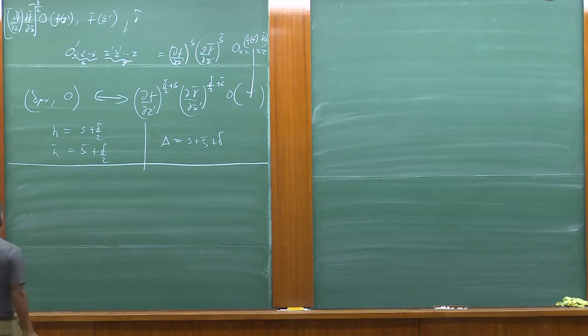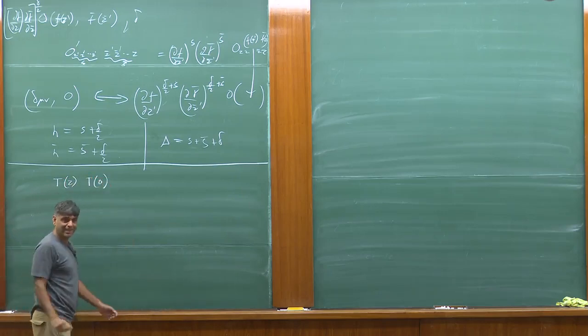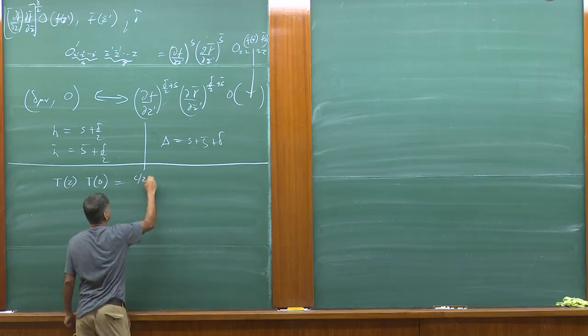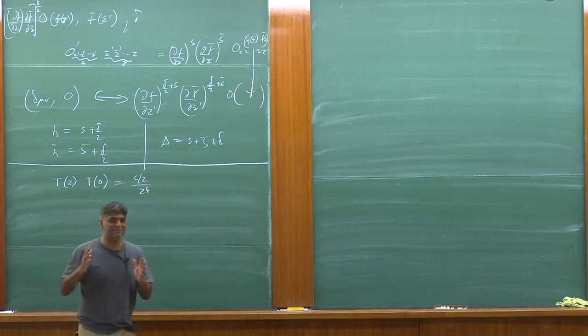Remember that we had that T of Z, T of 0 was equal to C by 2 by Z to the 4. Vipul pointed out I kept writing C by 12, it's C by 2.